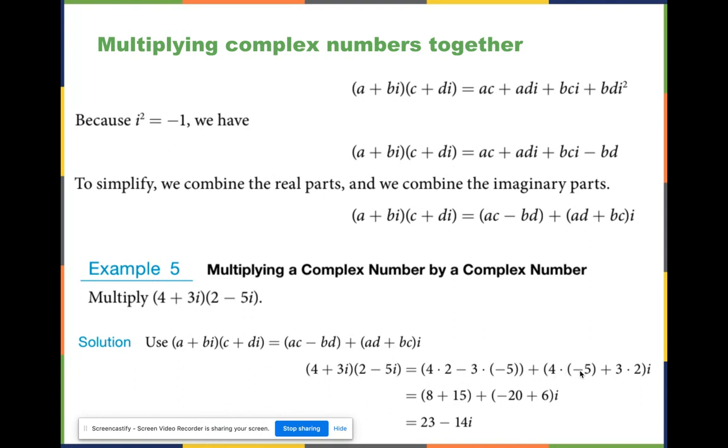So they combine it in one step here. Okay, I would not do this. I would just say 4 times 2, 4 times -5i, 3i times 2, and 3i times -5i. Okay, so they combine this in one step. That's kind of complicated. Let's just work it out on a piece of paper.